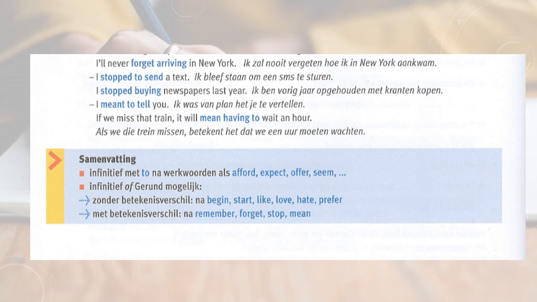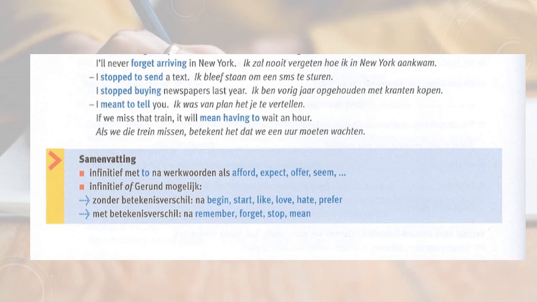So verbs, for example, like begin, start, love, hate, prefer, like, and so on. These can have a gerund or an infinitive and won't have any different meaning. Dus als je deze werkwoorden gebruikt en je plaatst een infinitief of een gerund na deze werkwoorden, dan zal je geen betekenisverschil hebben.